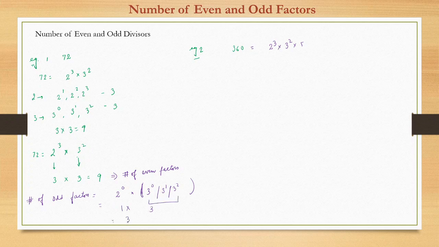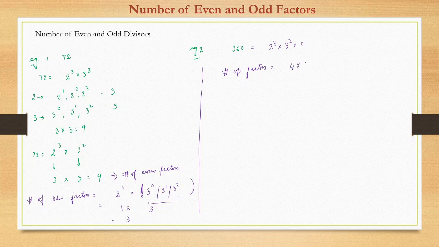So this is 3. Alternatively, we could also have found the number of odd factors by subtracting the number of even factors from the total number of factors. So total number of factors for 72 would be 4 into 3, 12. 12 minus 9 number of even factors, we get 3 number of odd factors. In the same way, here we'll see another example. In case of 360, what would be the total number of factors?